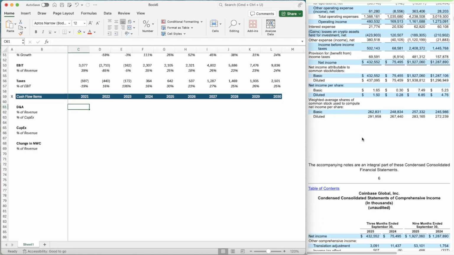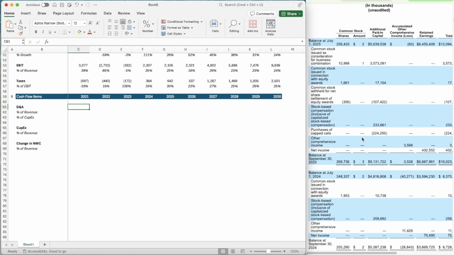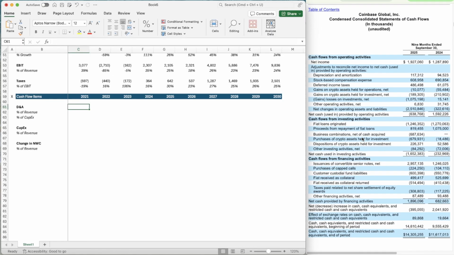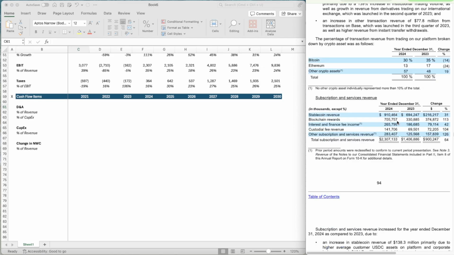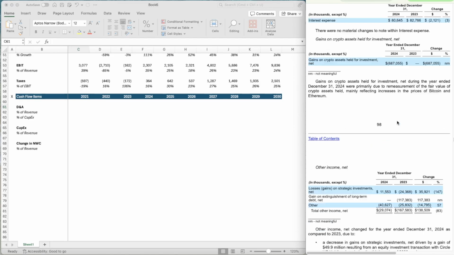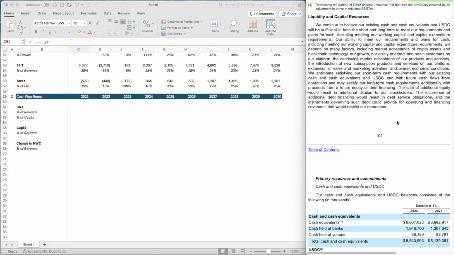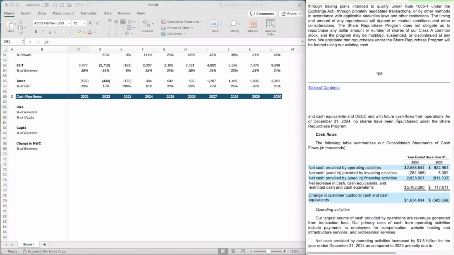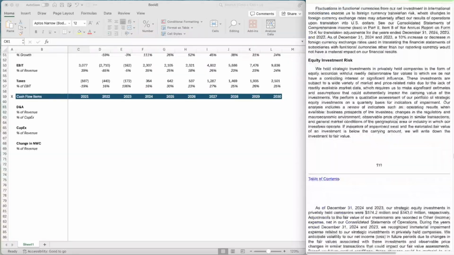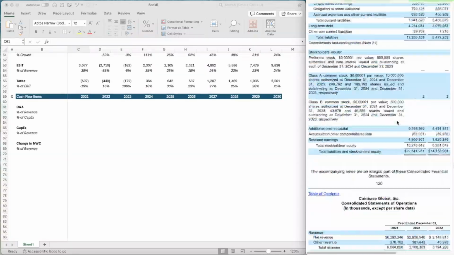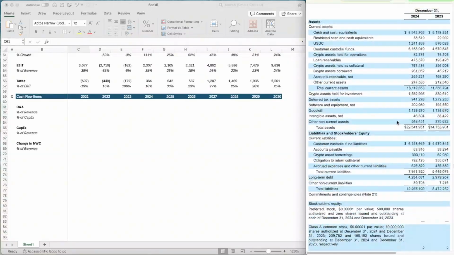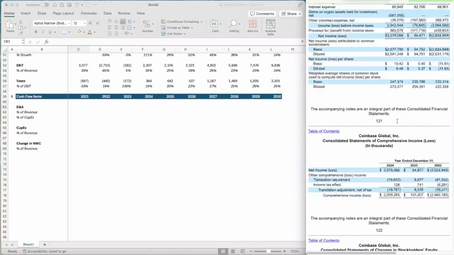Okay, so the cash flow statement is here. Balance.